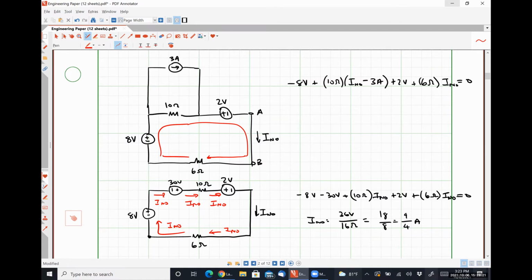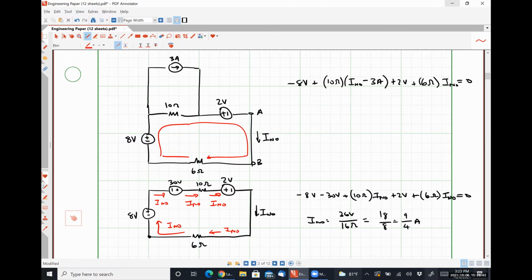So for instance, when I did my source transformation there with the 3 amp source in parallel with the 10 ohm resistor, and I changed it into a 30-volt source in series with the 10 ohm resistor, did it remotely matter if I put the voltage source on the left or the voltage source on the right? Doesn't matter, as long as I get the polarities correct.